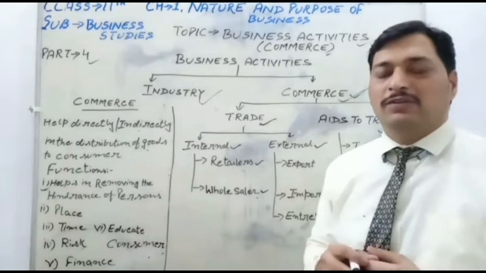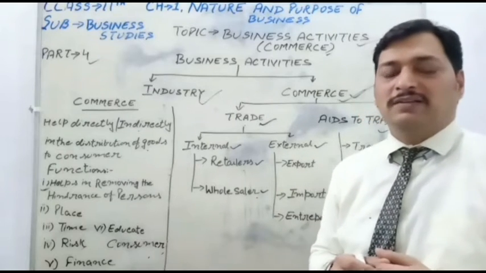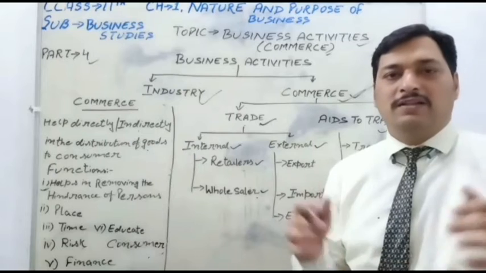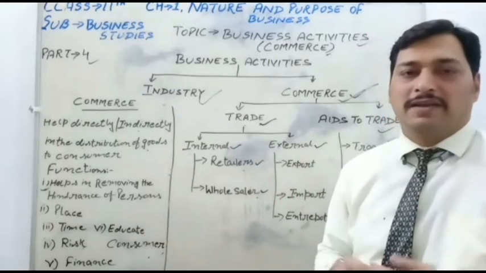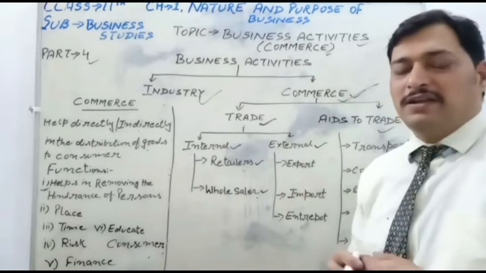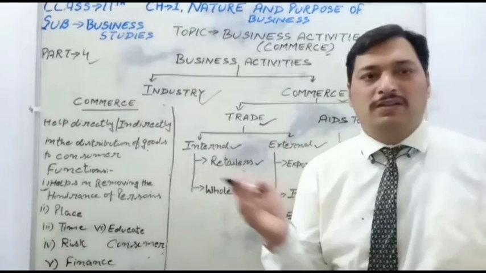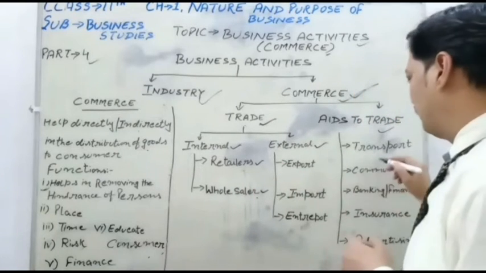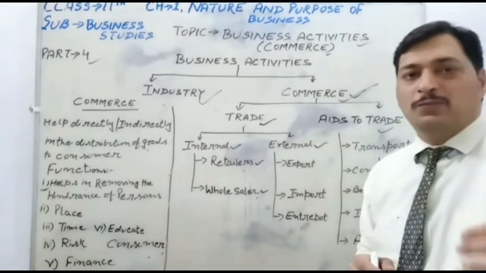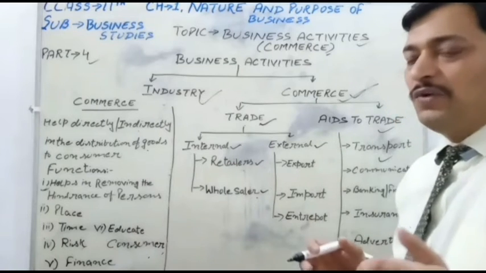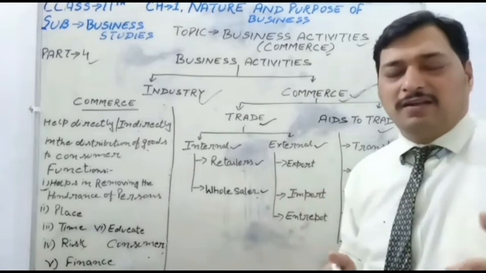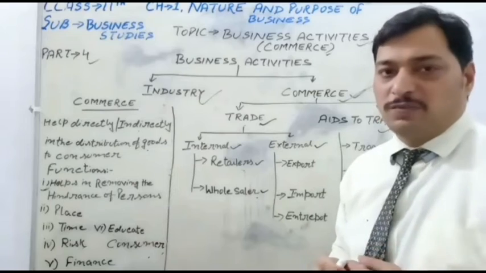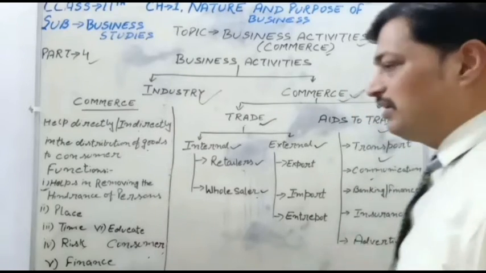Second example is sugar. Mostly sugar is manufactured in Uttar Pradesh in our state, but the consumers are all over the world. It is possible by transport. If transport were not there, it would be very serious to reach the product to the consumers.